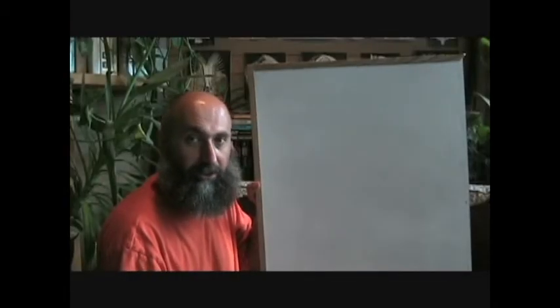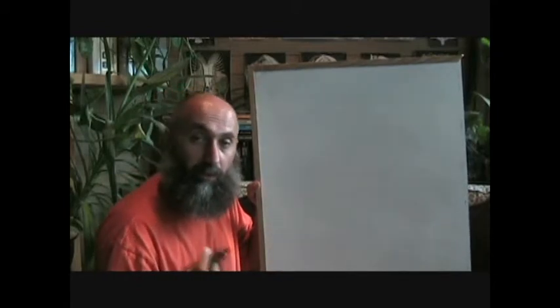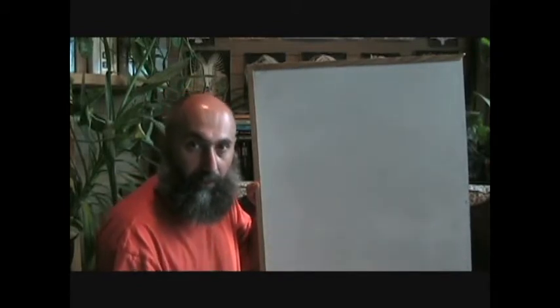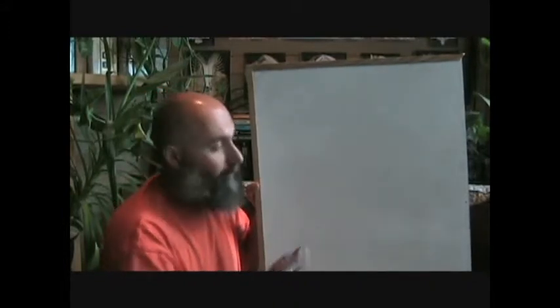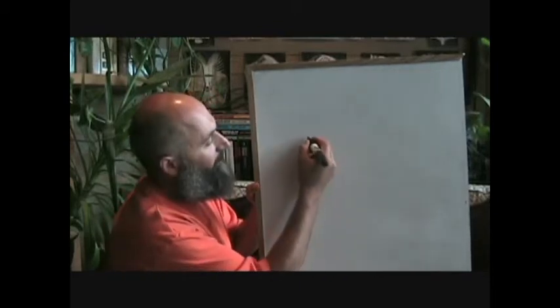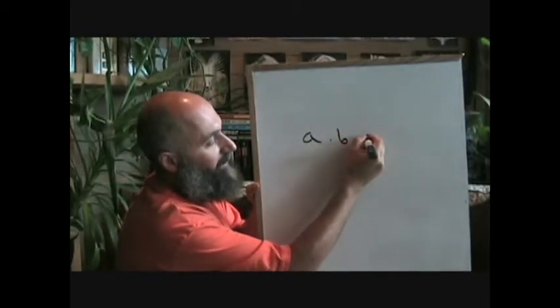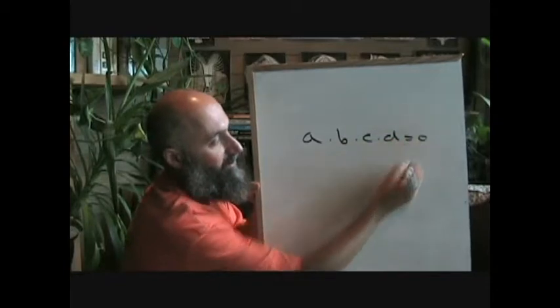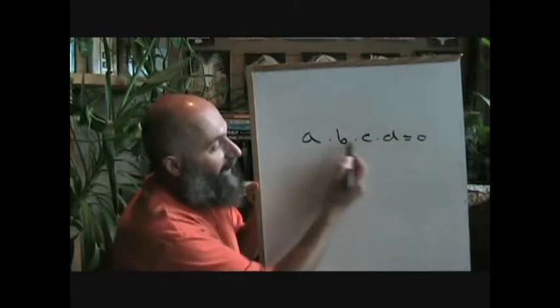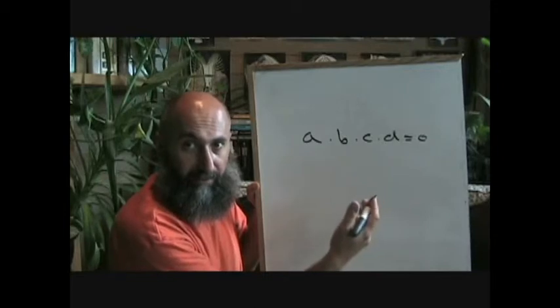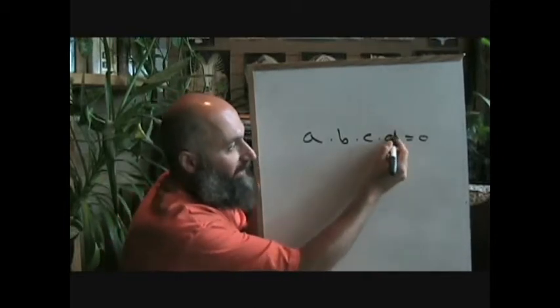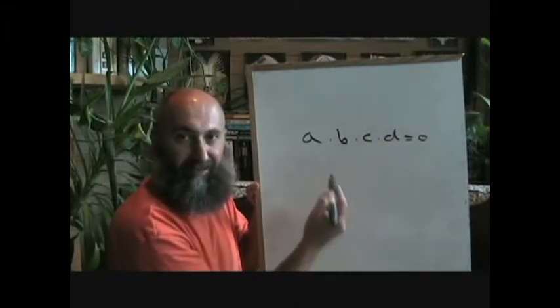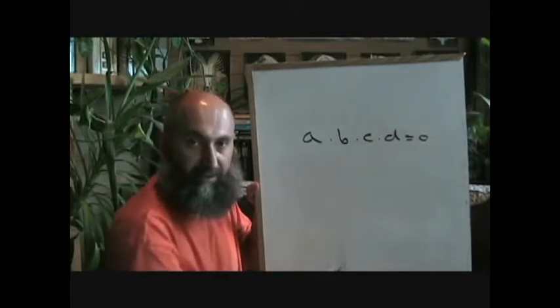When we're solving equations, what we're going to do is use a property of 0 to solve equations that have higher degrees than just 1. And that property is, for example, if you have A times B times C times D is equal to 0. If you have 4 things or multiple things multiplied together to give you 0, the only way this can occur is if at least one of these things is 0.